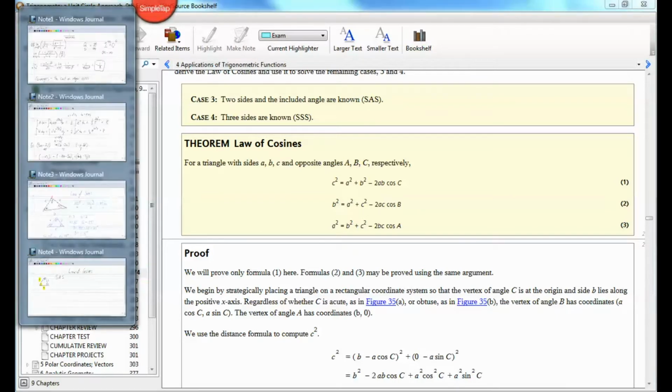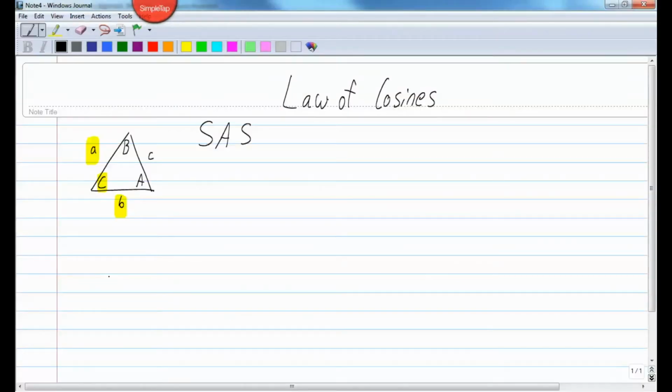The reason why we can't work a side-angle-side triangle out using the law of sines is because we don't have a side and a corresponding angle so that we can set up the proportion that we need to help us solve.